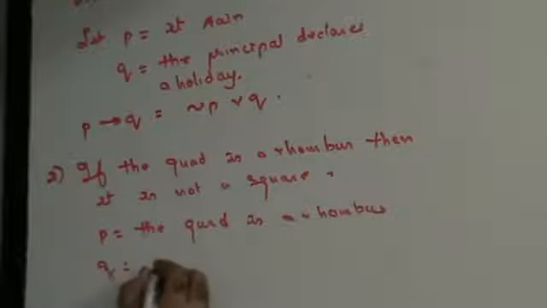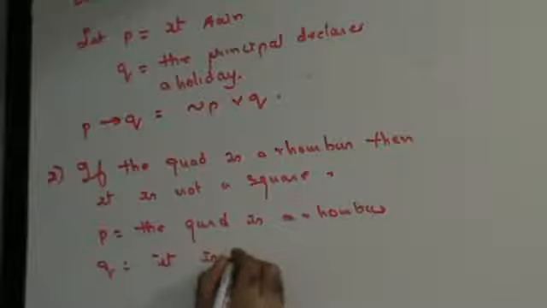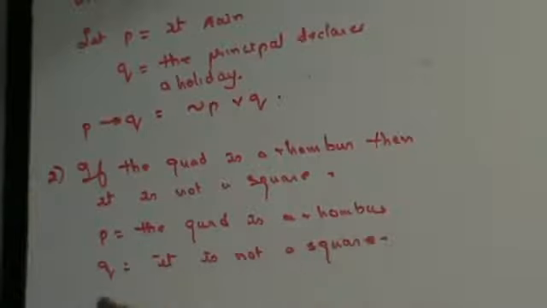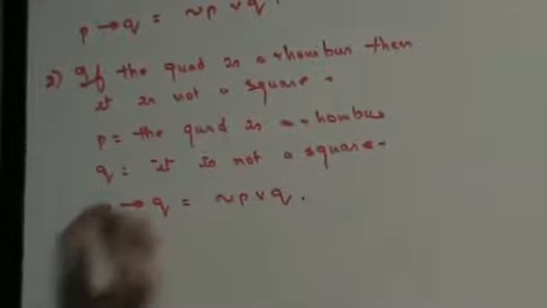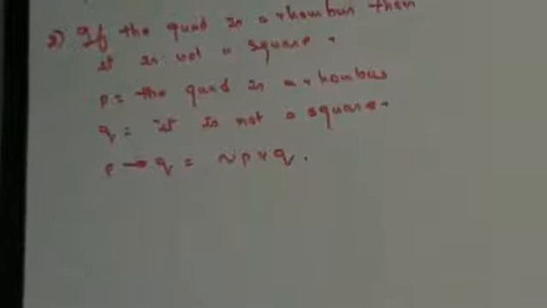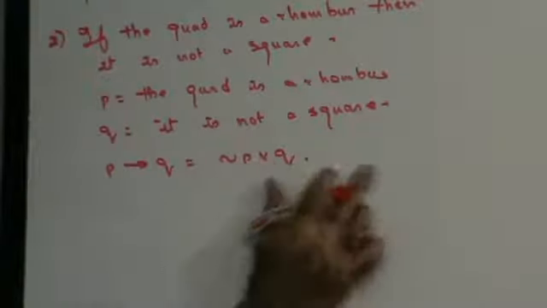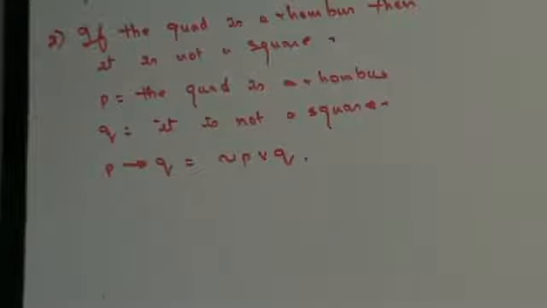Q is, it is not a square. They give you P implication Q. The answer for that is not P or Q. So in that case it will be the quadrilateral is not a rhombus or it is not a square.